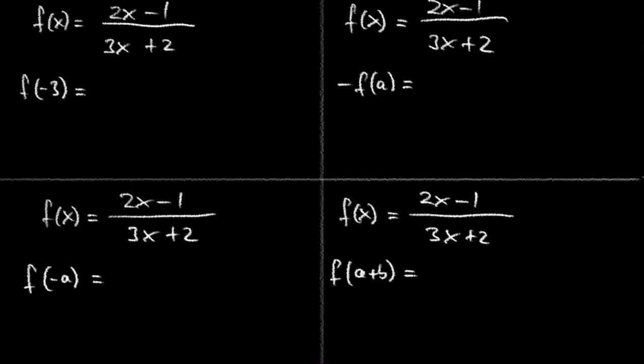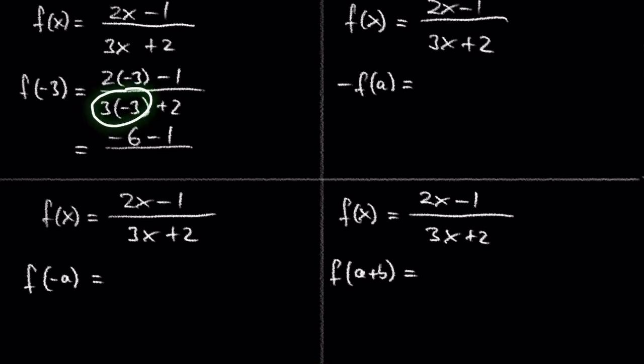In the first example, the only thing we have to do is just to plug in negative 3 for x. So we get f of negative 3 equals (2 times negative 3 minus 1) over (3 times negative 3 plus 2). 2 times negative 3 is negative 6, and 3 times negative 3 is negative 9.